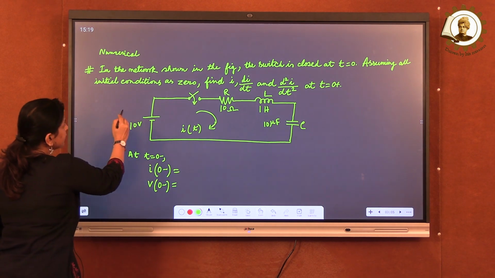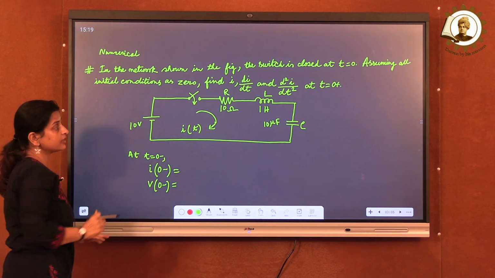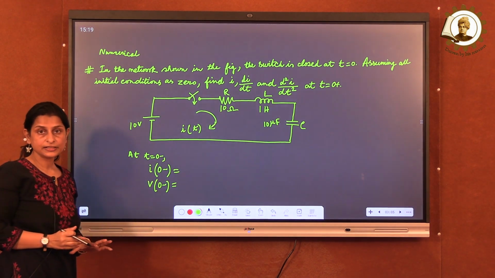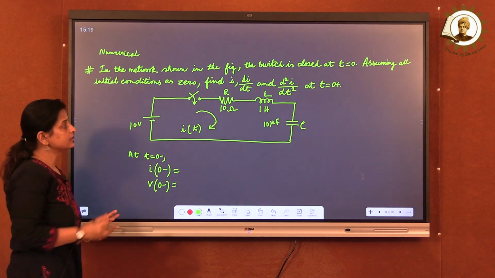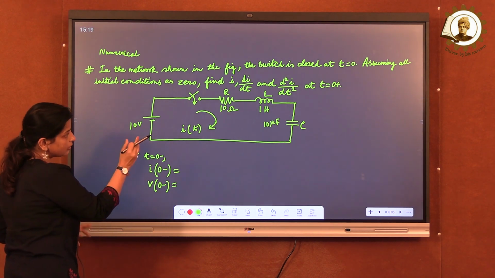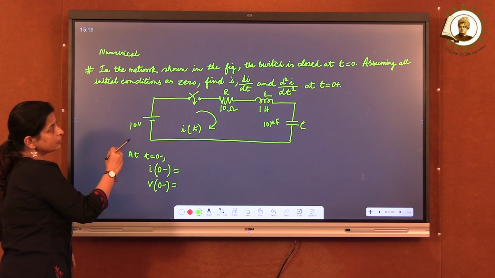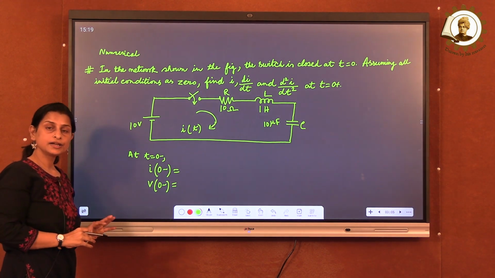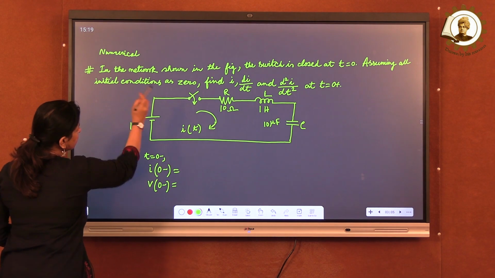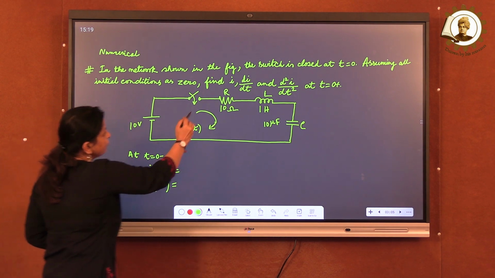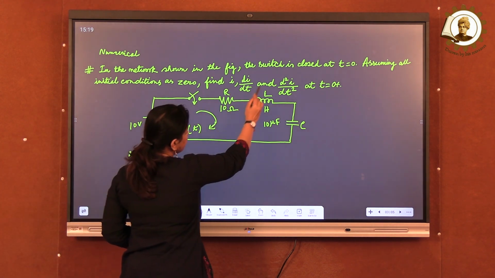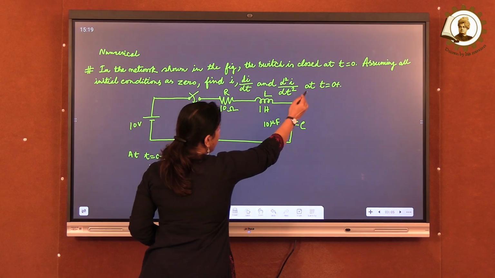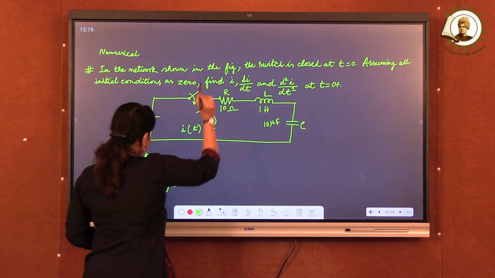Assume all initial conditions as 0, meaning there is no energy stored in the capacitor, the initial current in the inductor is 0, and the initial voltage in the capacitor is 0. Find di/dt and d2i/dt2 at t equal to 0 plus.